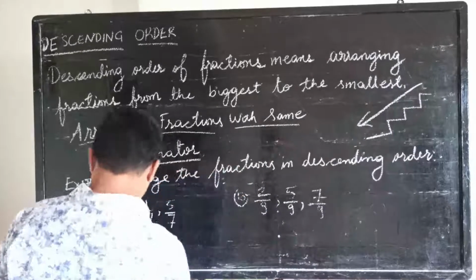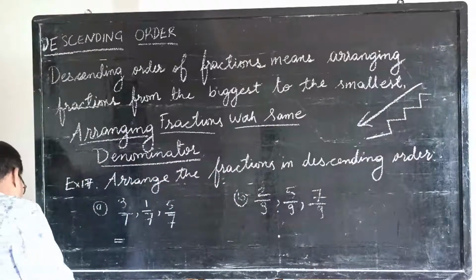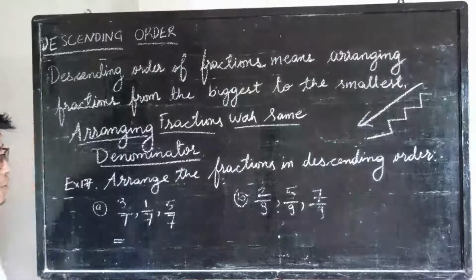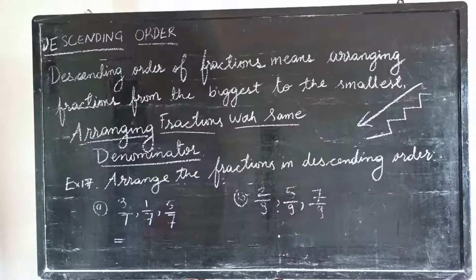You have to arrange these in descending order. Descending order means from biggest to the smallest.